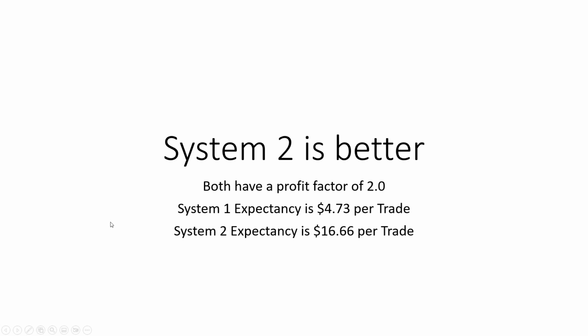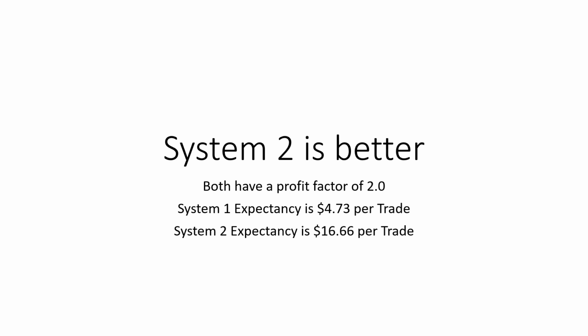They both have a profit factor of 2.0, but system 2 has a better expectancy of $16.66 per trade. So those are some basic metrics. It's important to understand how to use metrics when tracking your trading performance. That's why I wanted to go over that in this video.